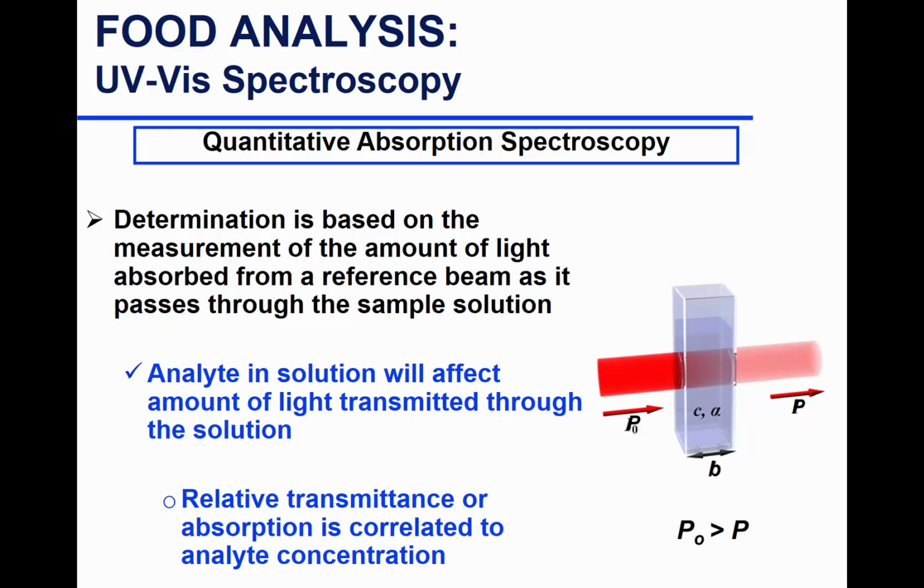The cuvette will have your sample in it, and the light is going to go in, and some of the light is going to be reflected back. Some of the light is going to be scattered. Some of the light is going to be absorbed, and the remainder of the light is going to be transmitted. So that's the exit beam. That's your exit beam, that's your incident beam, and then here things happen.